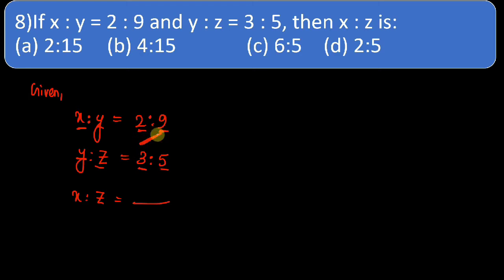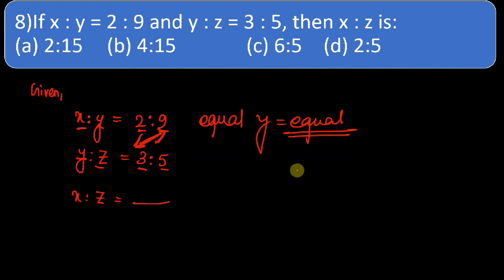As you can see, y is common to both these ratios. So y cannot be different at both the places. So you have to first make this y equal, then you can find the respective values.